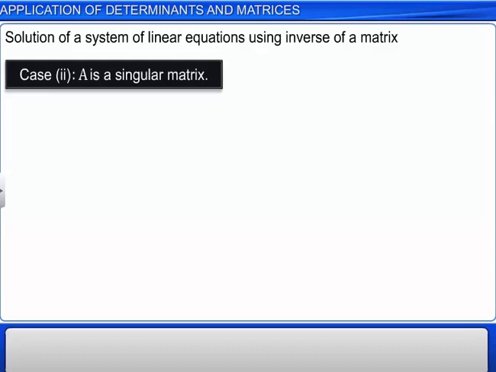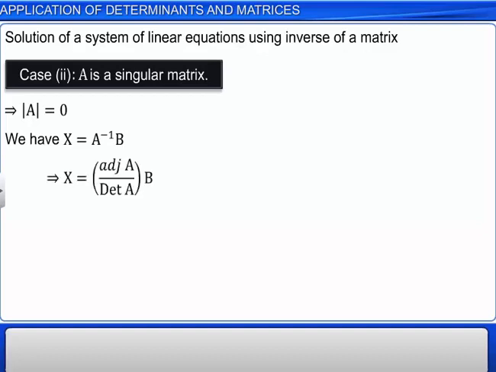Consider X = A inverse into B. Now, A inverse is equal to adjoint of A divided by determinant of A. So we have X = adjoint of A into B divided by determinant of A. While solving this equation, 2 cases arise again. That is, adjoint of A into B is either a 0 matrix or a non-zero matrix.